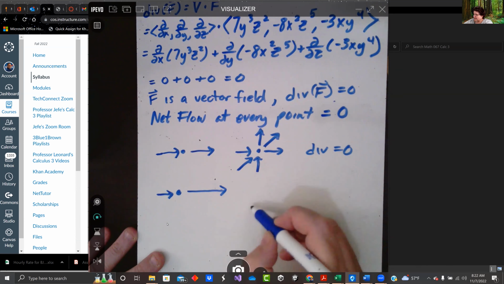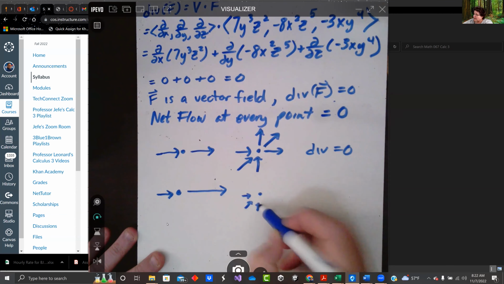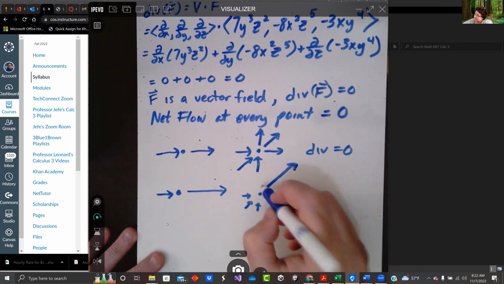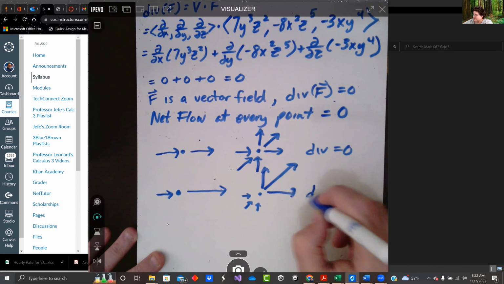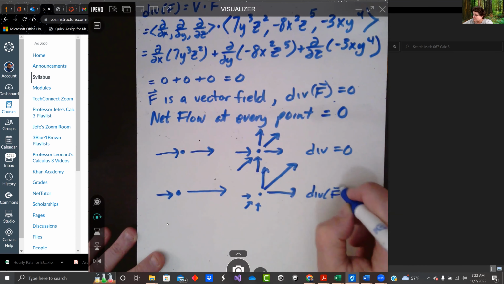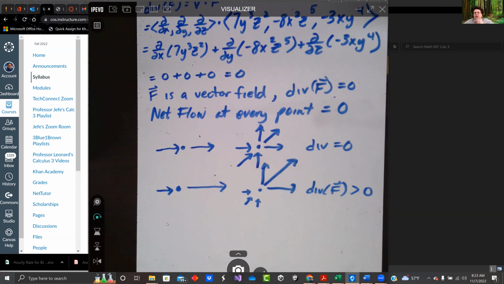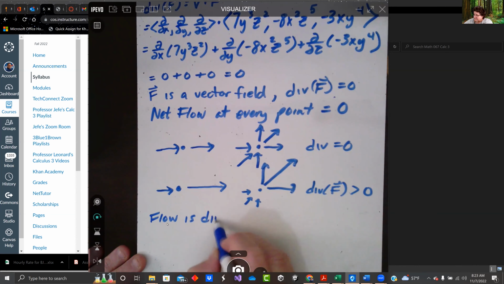Or equivalently, I could just have a little bit going in, and let's make one big vector going out. We'll do an arrow here. The divergence of F is greater than 0. There is more going out than in, so it is diverging from the point. Flow is diverging from the point.